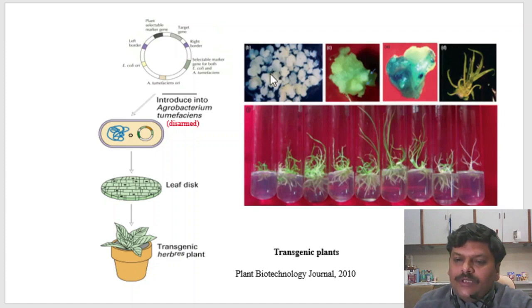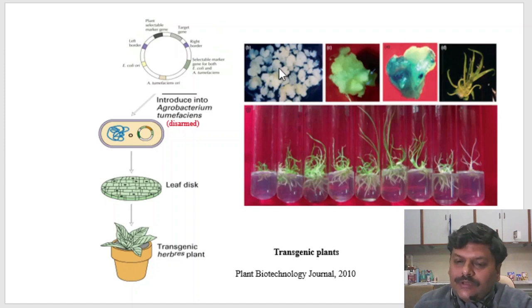When these somatic embryos are made by anther culture, they are infected by modified Agrobacterium, as I discussed in the previous slide, which has a reporter marker gene, the GUS gene, and also a plant selection marker gene, which is the kanamycin resistance gene, NPT2.